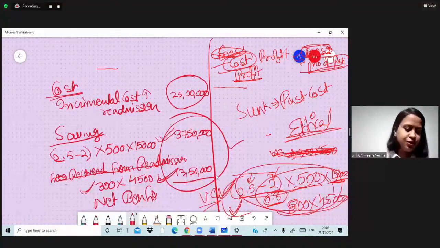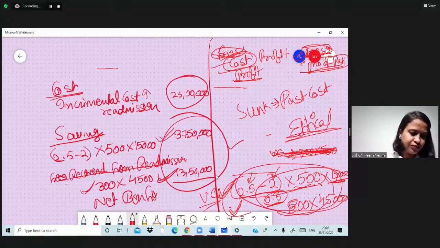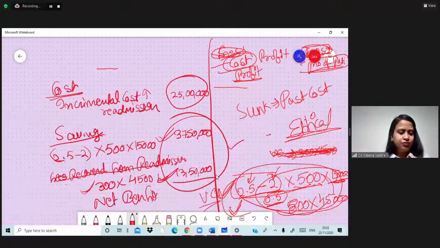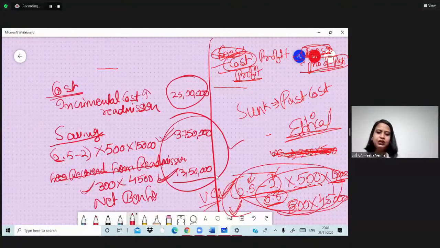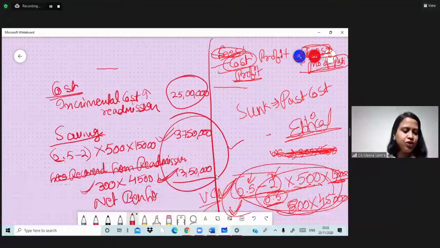What is the net benefit here? Tell me quickly, the net benefit the organization is having here. Tell me if it's clear.